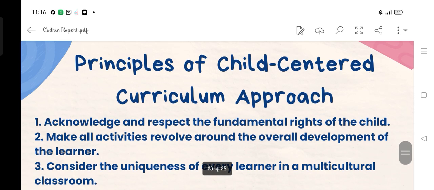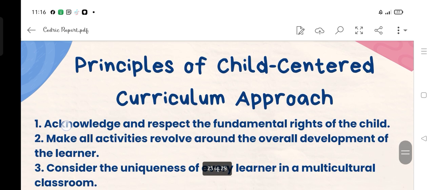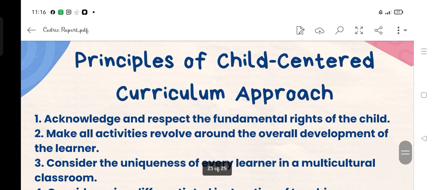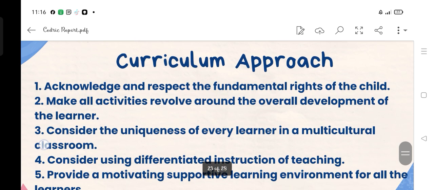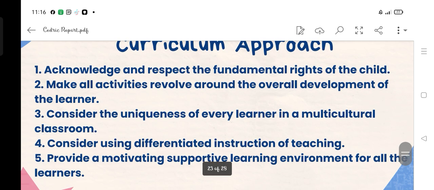So the next one is the principles of child-centered curriculum approach. So ayan, no, meron tayong principles of child-centered curriculum approach. So here are the principles. First one, acknowledge and respect the fundamental rights of the child and make all activities revolve around the overall development of the learner.